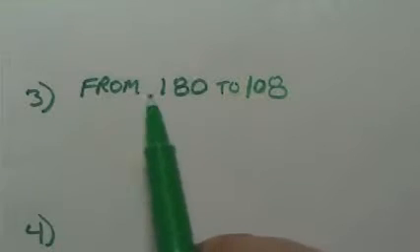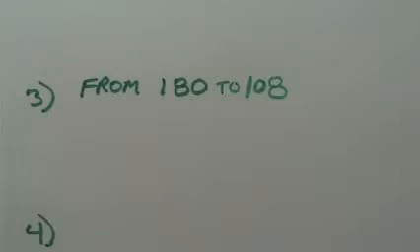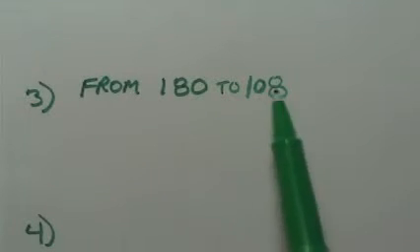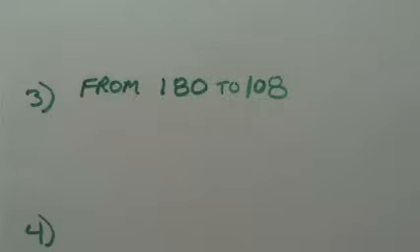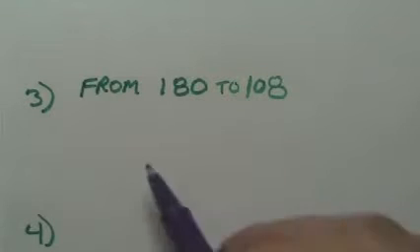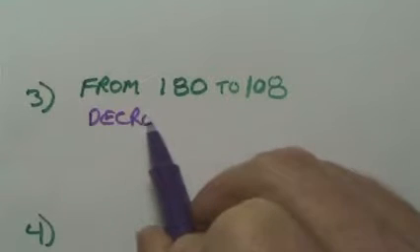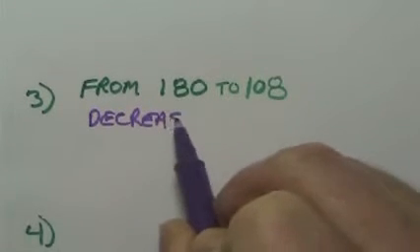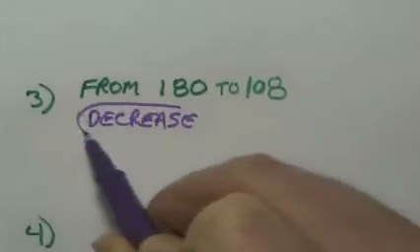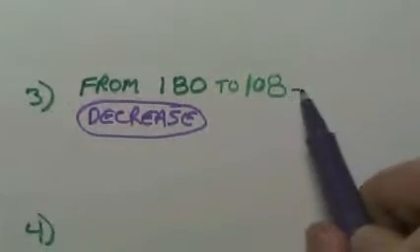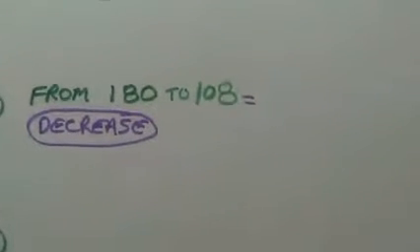Okay, here's number 3, from 180 to 108. We want to find out the percentage from 180 to 108. First of all, is that an increase or a decrease? Okay, we need to make this into a fraction.